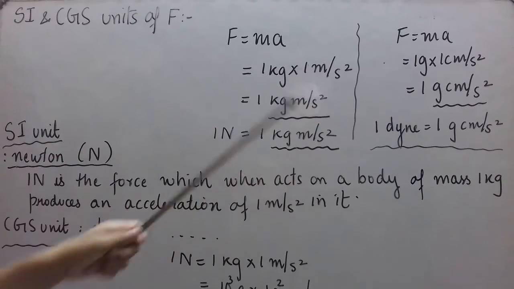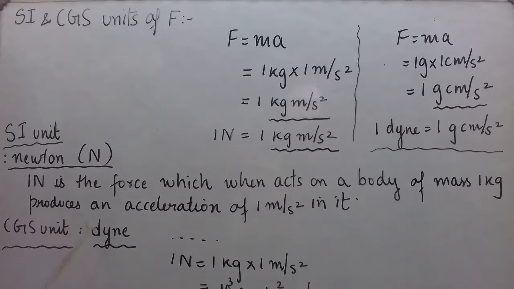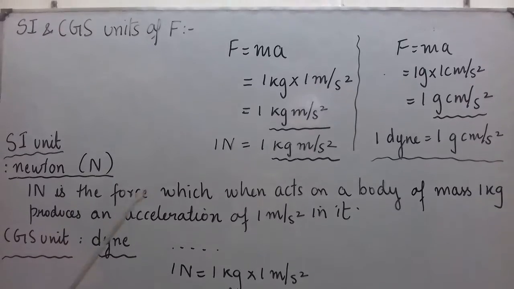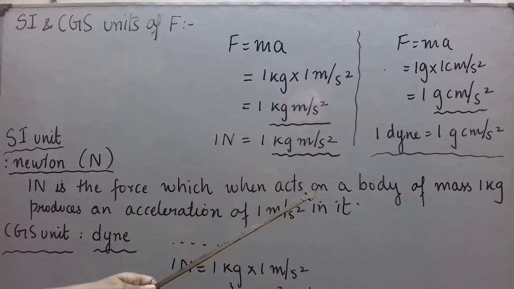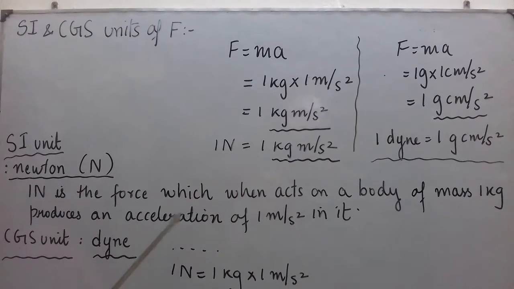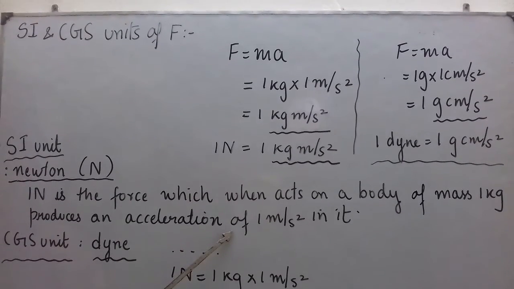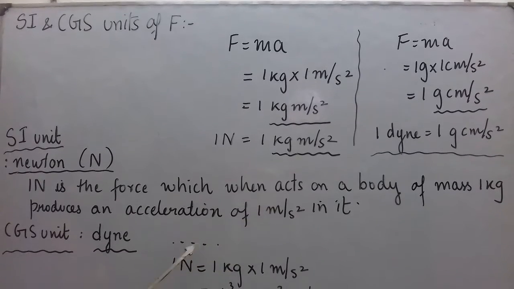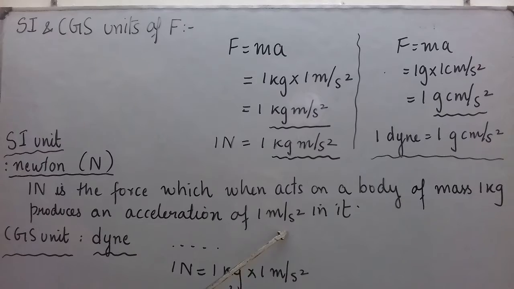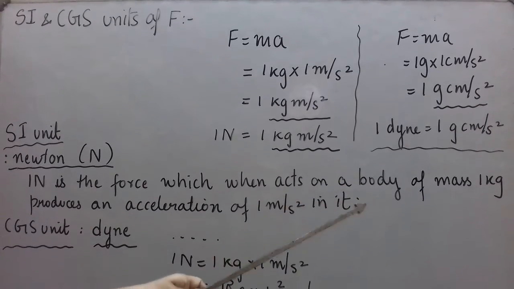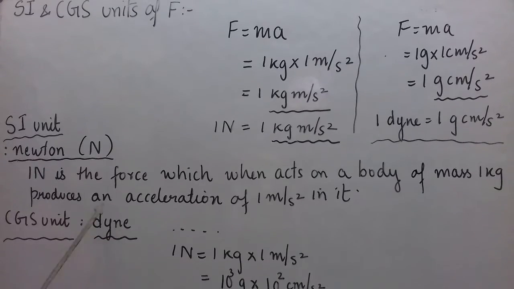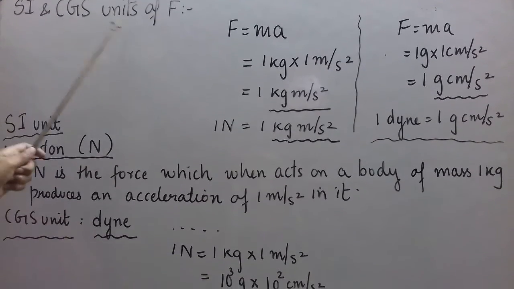So from that, using these same words, I can define 1 dyne. 1 dyne is the force which, when it acts on a body of mass 1 gram, produces an acceleration of 1 centimeter per second square in it. So only by changing this into the CGS unit, 1 centimeter per second square, and taking mass as 1 gram, I can define this 1 dyne, or I can define the CGS unit of force.